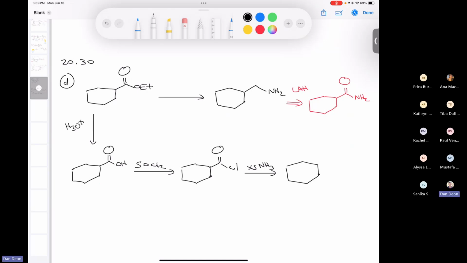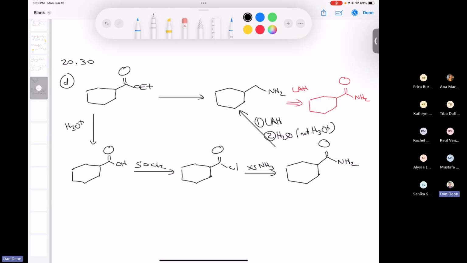That makes the primary amide. And then the last step is going to be lithium aluminum hydride reduction, followed by treatment with H2O, not H3O plus, because that would protonate to give you the ammonium ion. All right, there we have it. So that covers 20.30.